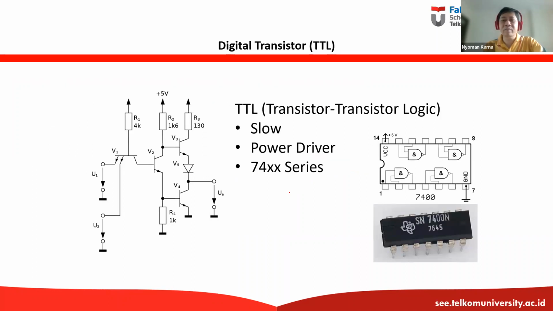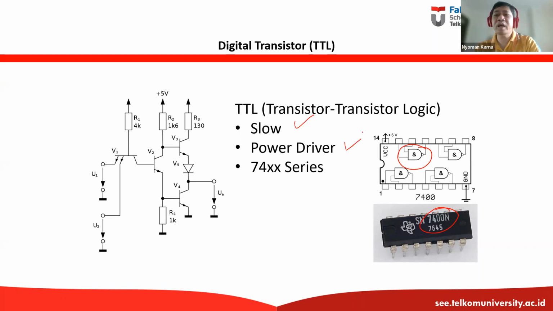Okay, this is an example of TTL, transistor logic. For example, the 7400. What is inside the 7400 is a NAND gate. What are the characteristics of TTL? First, it's slow, but it can drive power.